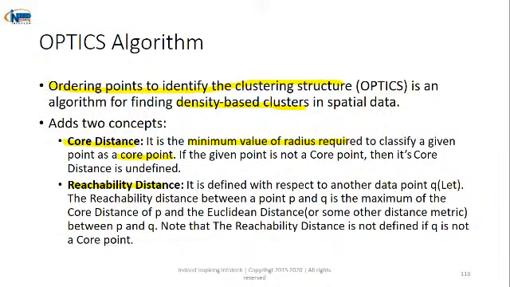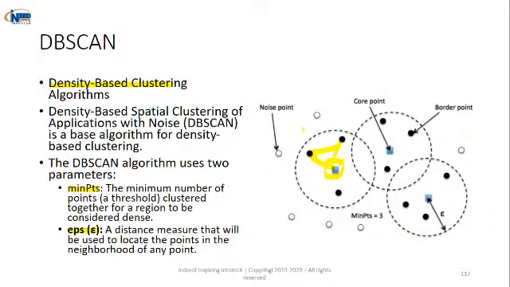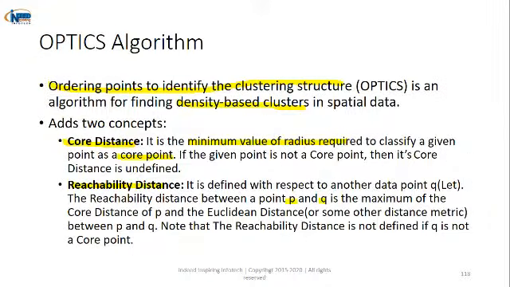Reachability distance between point P and point Q is the maximum of the core distance of P and the Euclidean distance. These two parameters are added to make the optimized DBSCAN algorithm called the OPTICS algorithm.